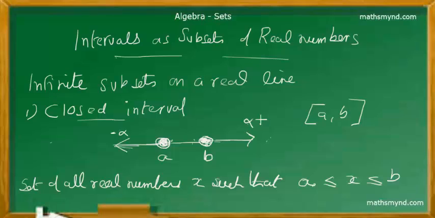And also look at the brackets, which are boxy brackets, so a and b within box-like brackets. Now, how do you denote it? It's the set of all real numbers x such that a is less than or equal to x, which is less than or equal to b. Less than or equal to means that a and b are also included. So that's the meaning of it.